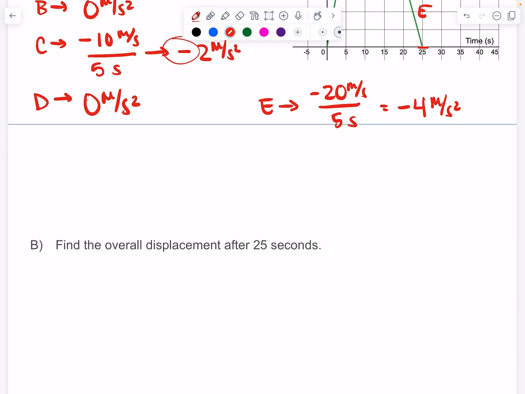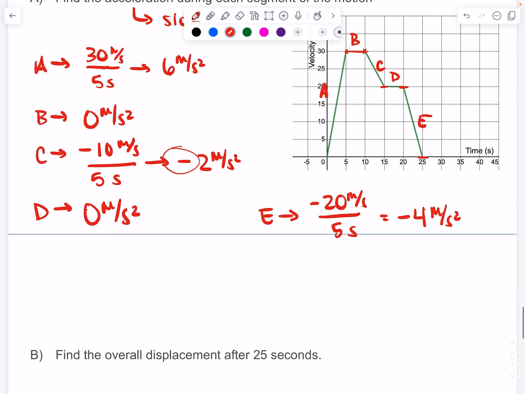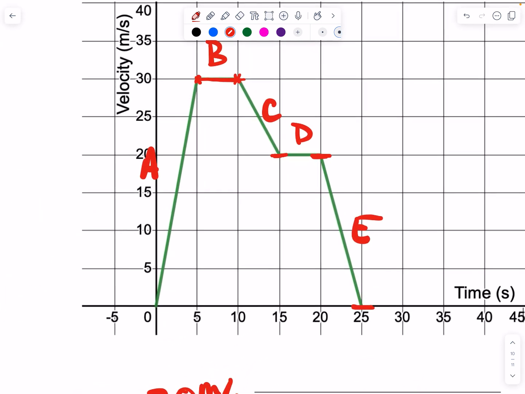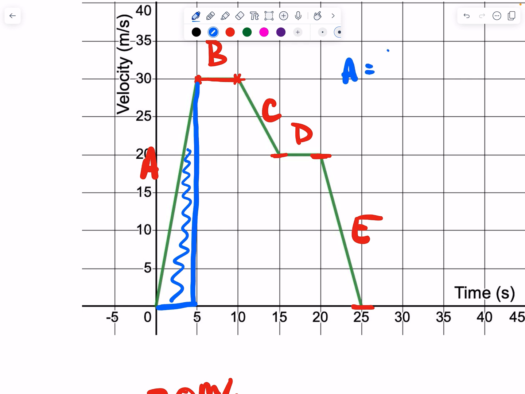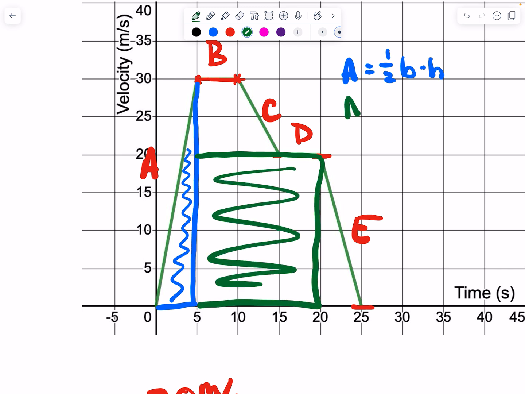Now, if I were to find the overall displacement, I need to find the area under the curve. To do that, I want to make a bunch of triangles and rectangles, because I know that the area of a triangle is 1/2 base times height, and I know that the area of a rectangle or a square is just base times height.